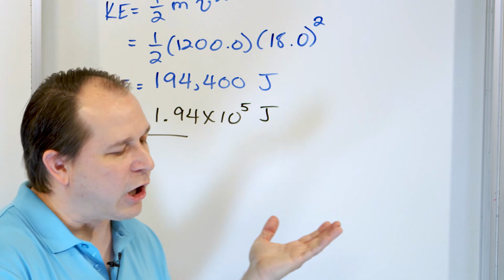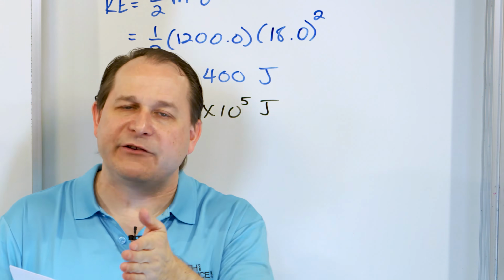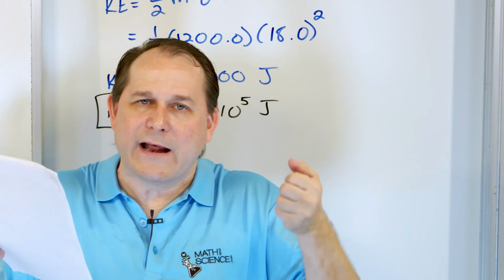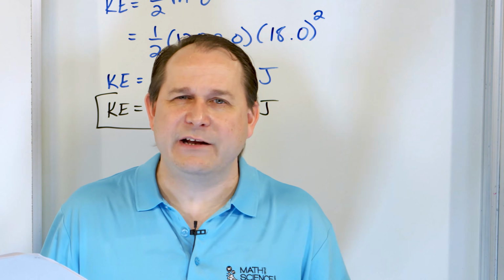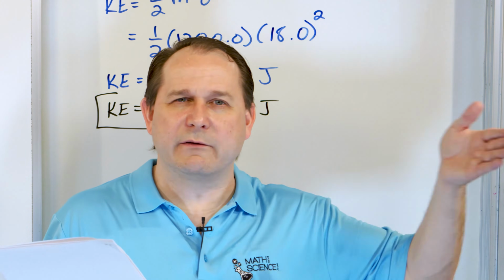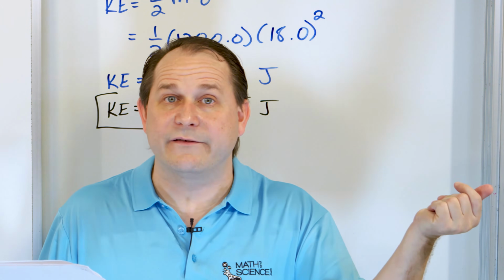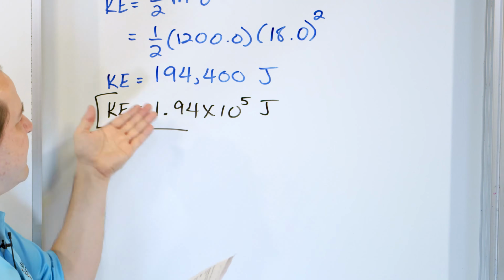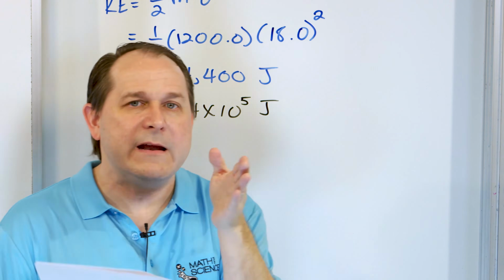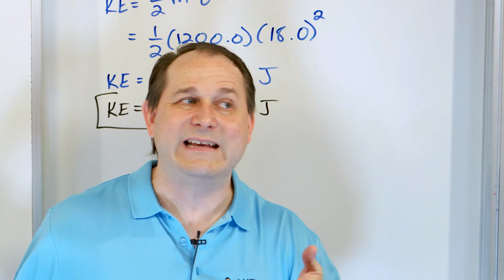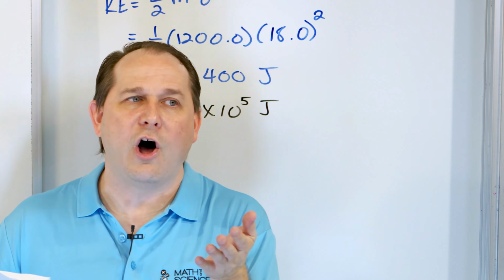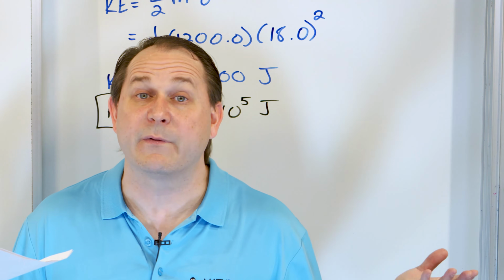So this is a car with that mass that's traveling at that speed. Now, if you're at a red light and you're not moving, and I asked you, how much potential energy was used to accelerate the car to that speed? Then you know the answer, because if the car now has this much energy, then that must have been the potential energy used in the gas tank and the combustion to get the thing to accelerate, because all of the energy of motion has to have come from somewhere.